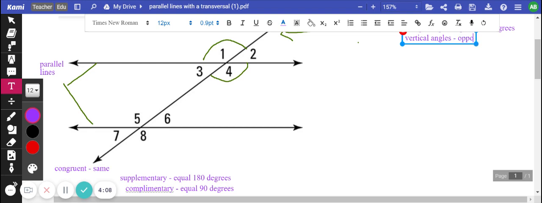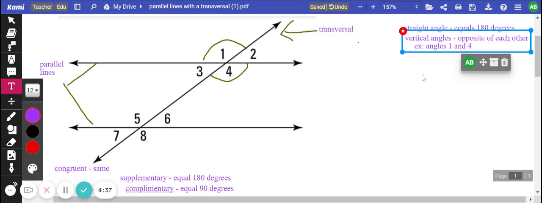They're opposite of each other. So I'm going to say an example is angles 1 and 4. Okay.